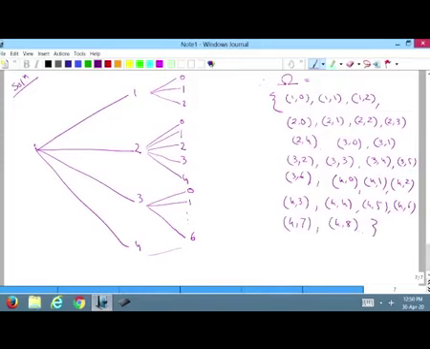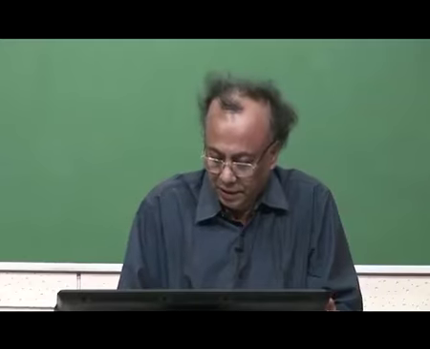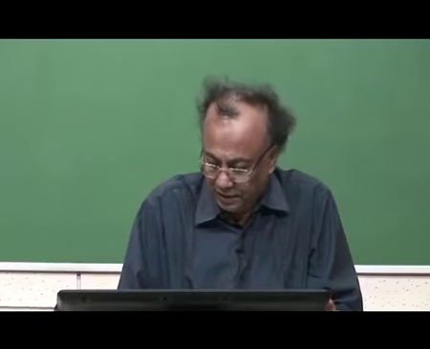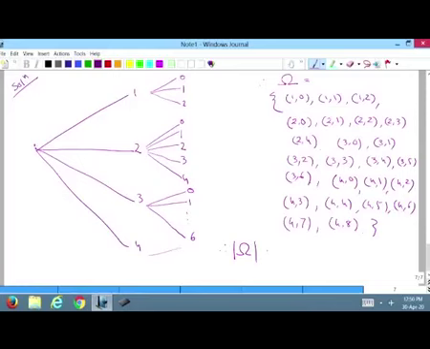So, total number of points in the sample space, that is the cardinality of omega, is equal to 3 plus 5 plus 7 plus 9 is equal to 24.